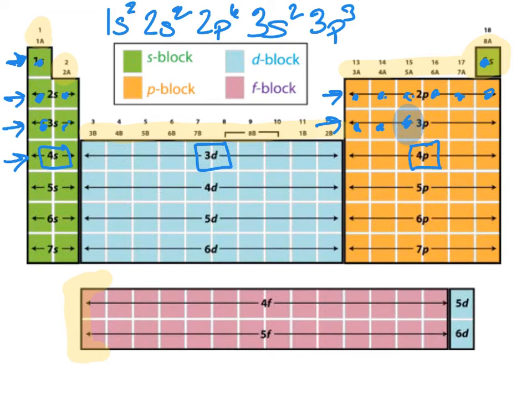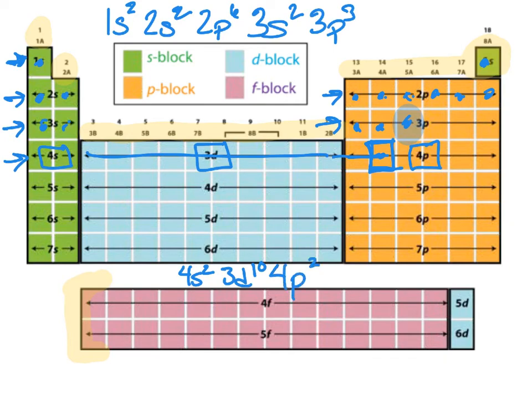If I had an element over here in the 4p spot, I would have everything up to 4s2, then 3d10, and then I go back to 4 and I stop 2 spots in, so 4p2.